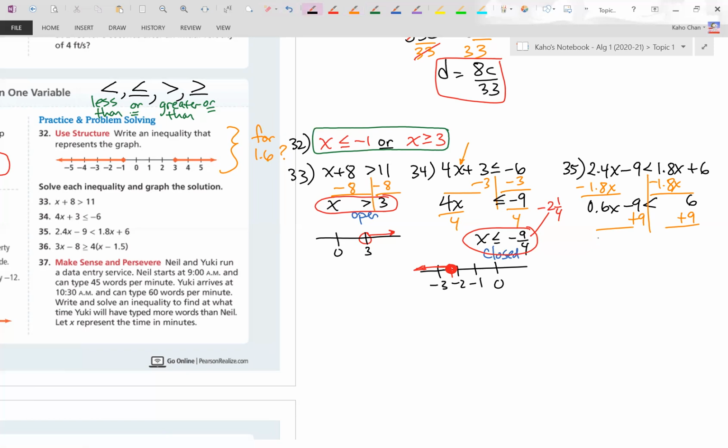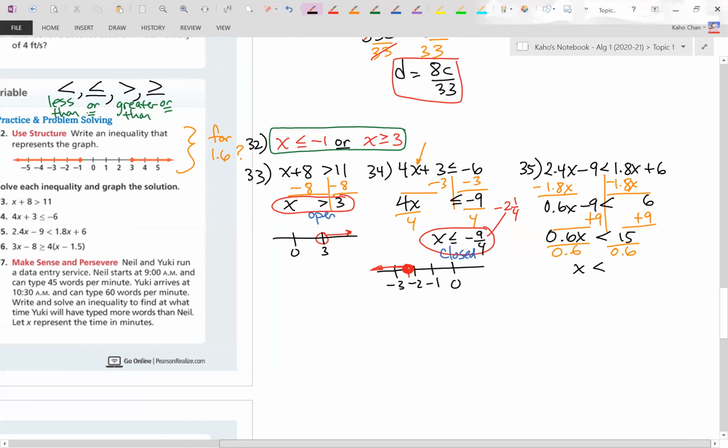0.6x is less than 15. That's a weird number. We're going to have to divide by 0.6 on both sides. I hope I get a nice number here. x is less than, would you believe it, 25? How the heck did I get 25?